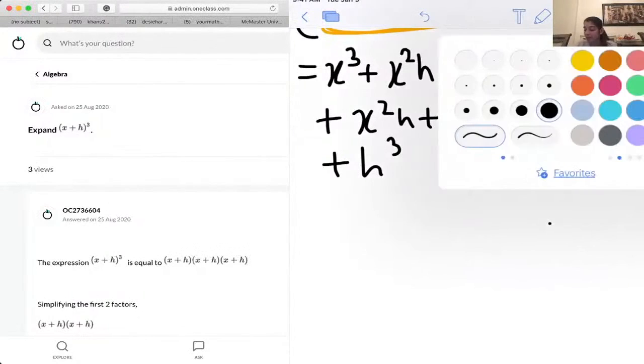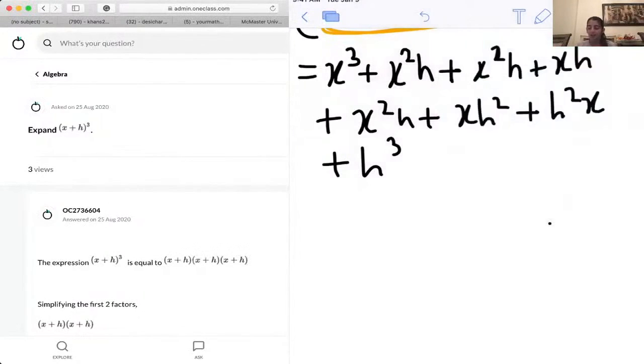The next thing that I would love to do is add together all the like terms so I don't forget any of them, because a lot of students, this is like the second place where they go wrong, is they forget to add all the terms. So first I'm just going to highlight all the x squared h's that I can find. Yep, those are all of them.